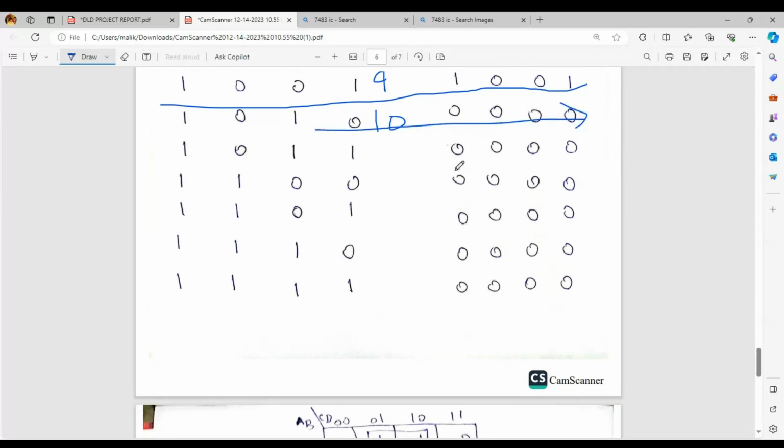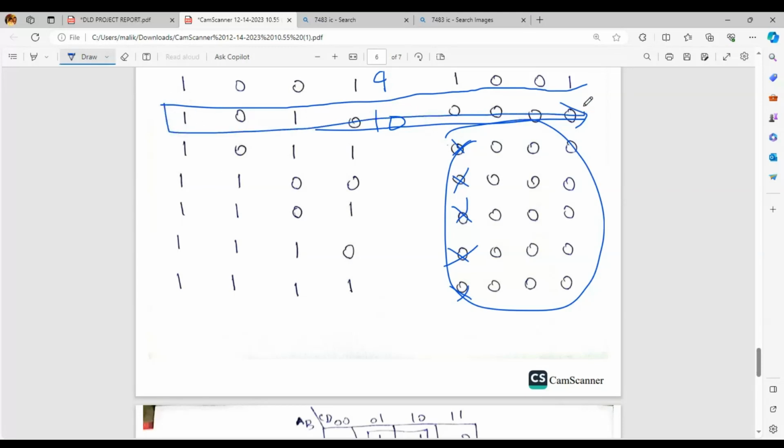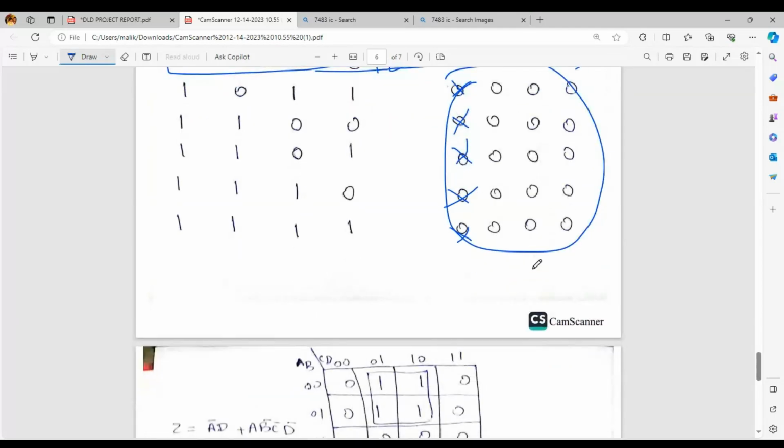If I consider all these conditions to be don't care, it is also correct, but to avoid any risk, we have made all of these conditions 0. Like when any number greater than 9 arrives at the input, its output becomes 0. But this line was enough to achieve our goal.